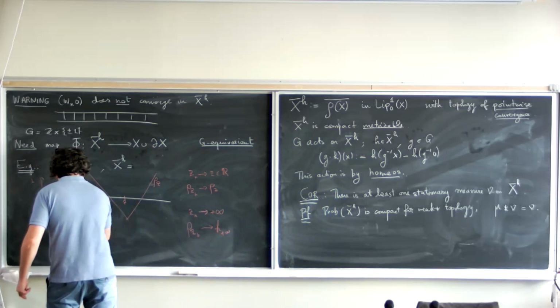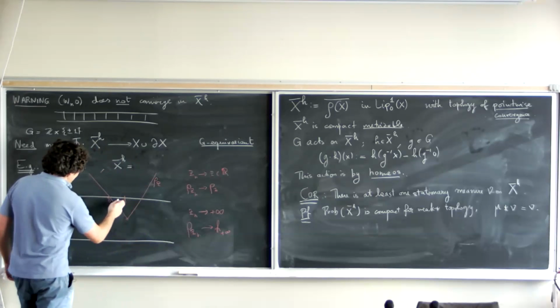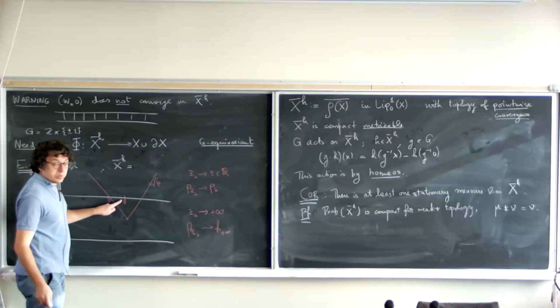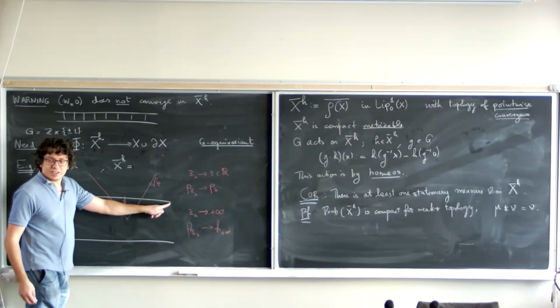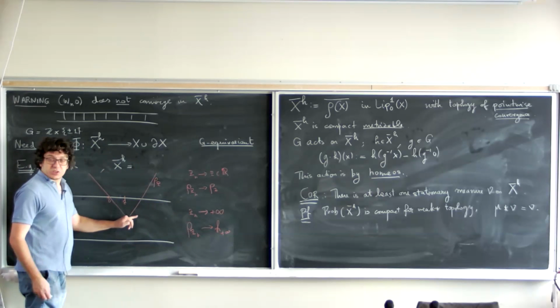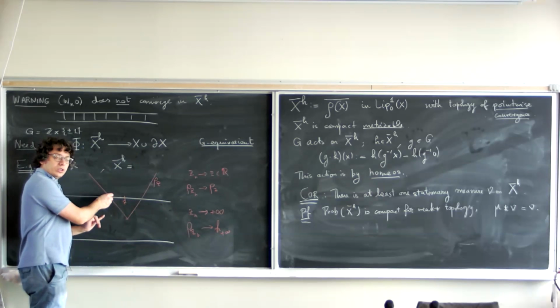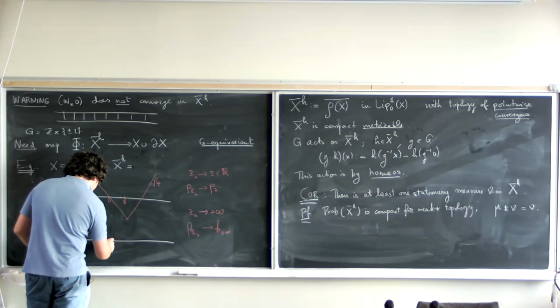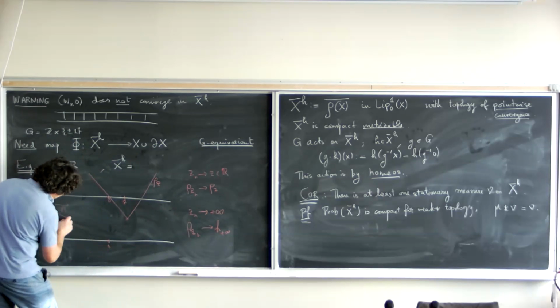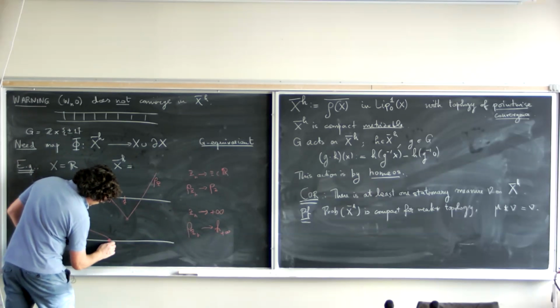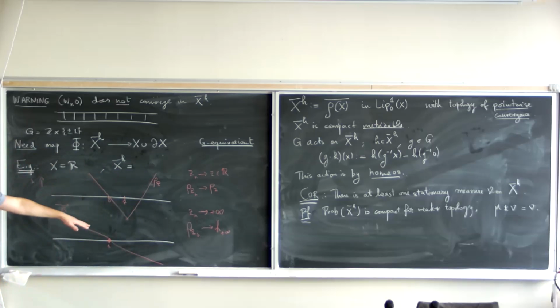Well, you can tell, right? If this point keeps going to the right, the minimum keeps going to the right, yet at 0 it remains at 0. So the limit is simply the function that goes down linearly forever, just a decreasing line.